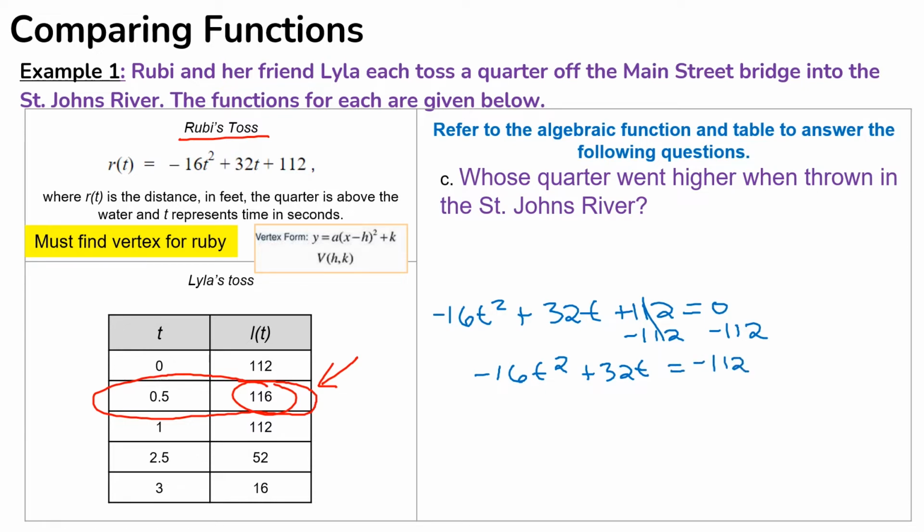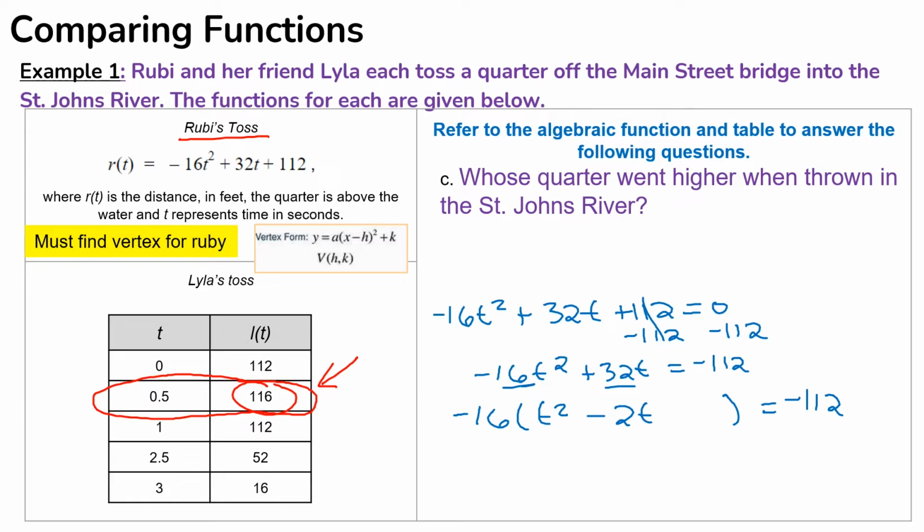Now I want to factor out the greatest common factor between these two, which is actually negative 16. I only want to take out the number because on the inside, I want to actually complete the square, so I'm leaving parentheses open here. Negative 16t squared divided by negative 16 is just t squared, and 32t divided by negative 16 is negative 2t.